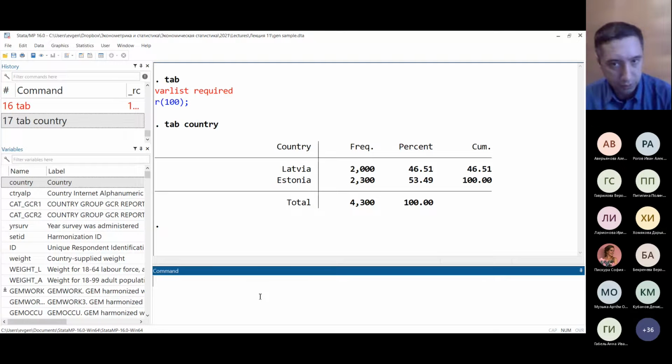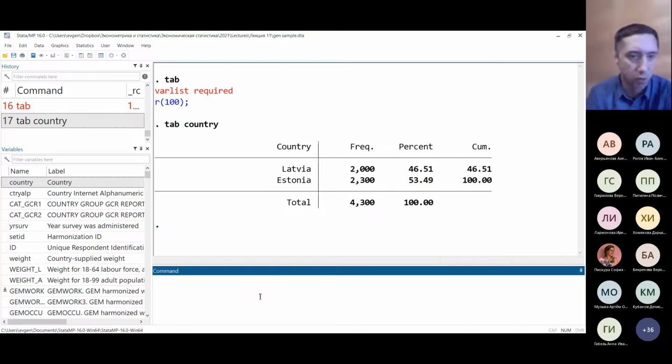Well, we have two countries in this data set, Latvia and Estonia. Sample sizes aren't very different. Latvia has 2,000 cases, Estonia has 2,300 cases, and in total we have 4,300 cases.